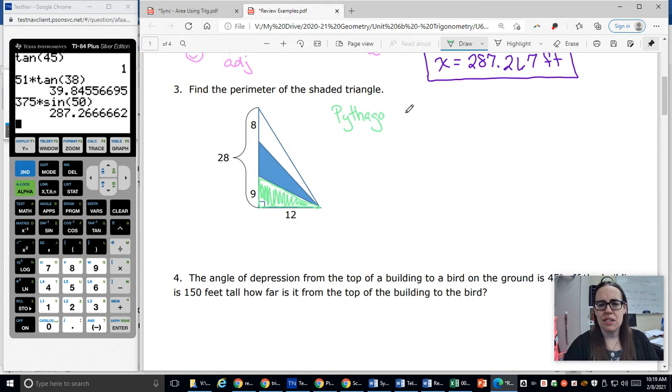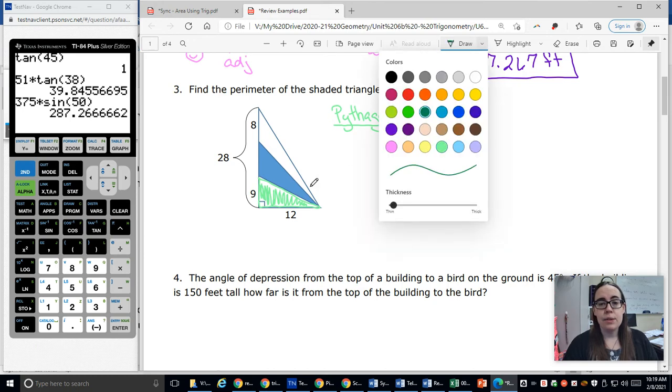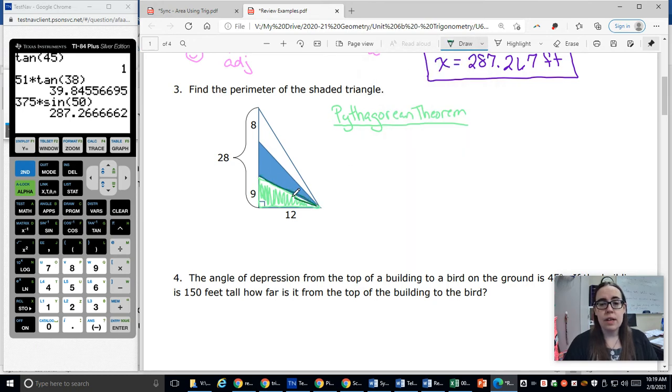which means I can use the Pythagorean theorem. I know the screen's a little hard to see. To find that third side. And that third side is the hypotenuse of that triangle. So when I look at my formula chart, which remember you will have access to when you take your test, I know if I'm looking for a hypotenuse, inside my square root, I'm going to be adding.